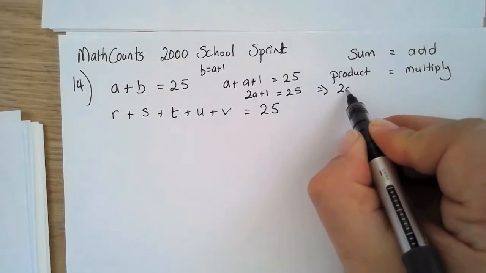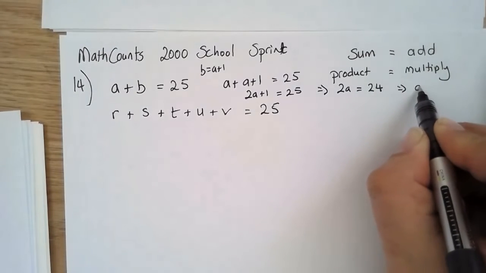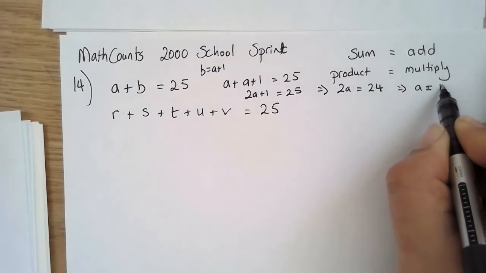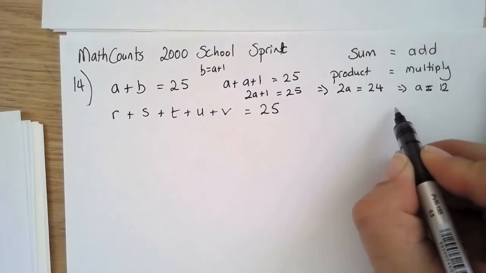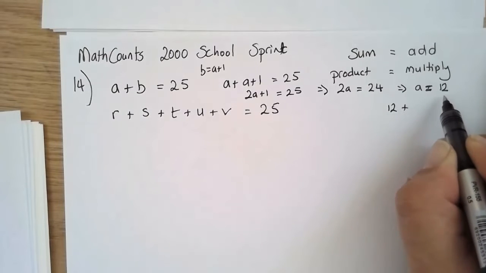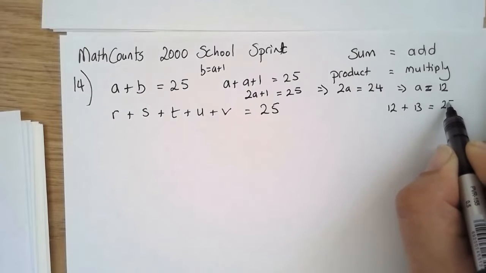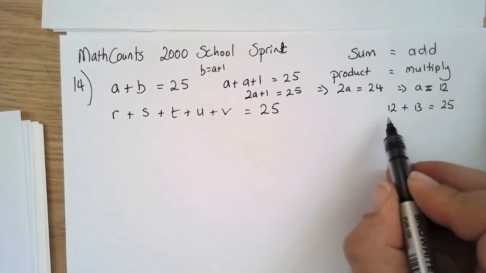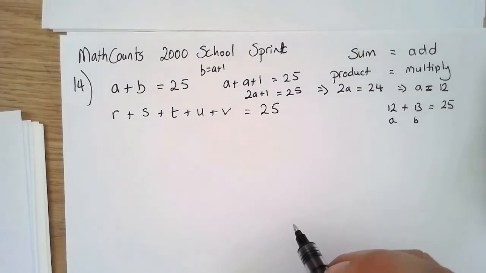Therefore 2A equals 24, therefore A equals 12. We can check that: 12 plus 13 equals 25. So these 2 numbers are A and B.